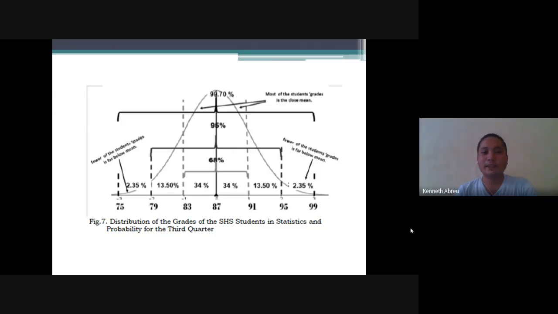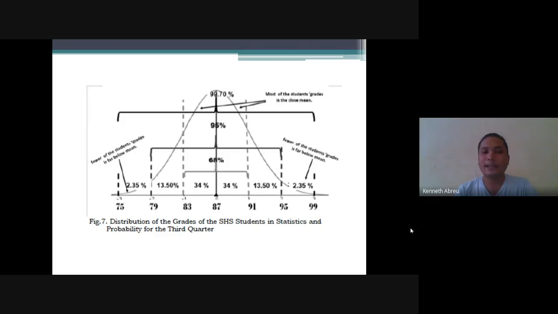Kapag 68% yung ating magiging based on the empirical rule, kapag yung ating is 95% at kapag yung naman natin would be 99.7%. So that would be the distribution of grades of senior high school students in statistics and probability for the third quarter. So most of the students' grades are close to the mean.